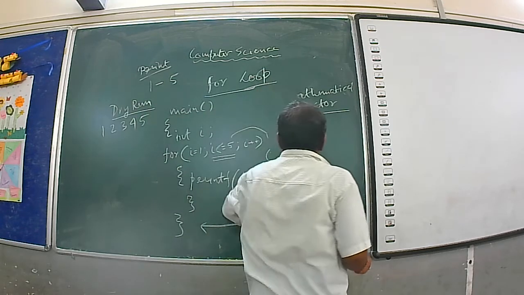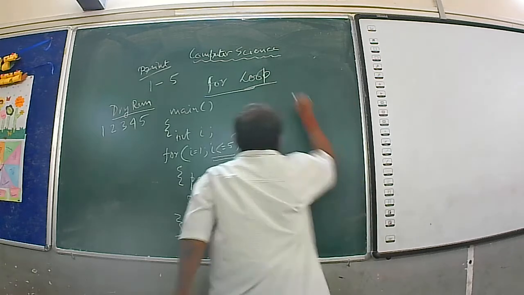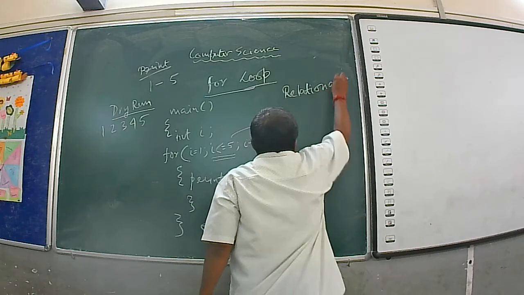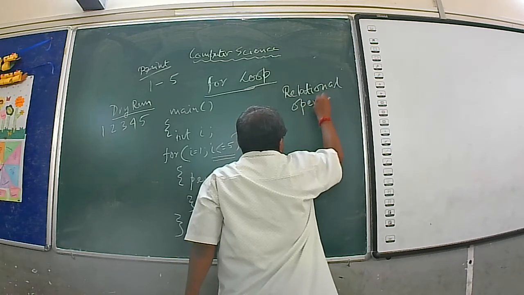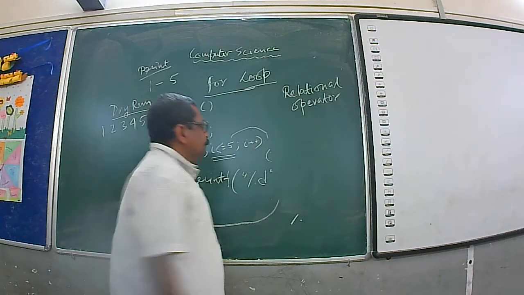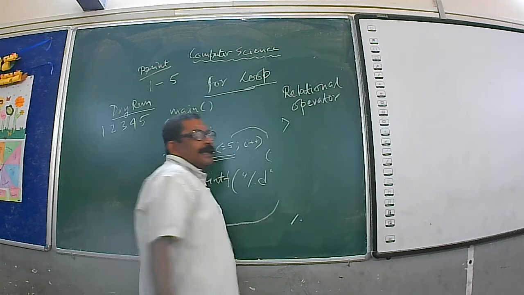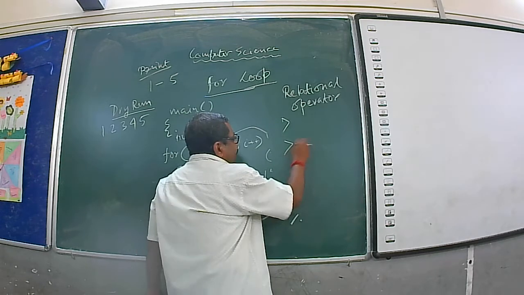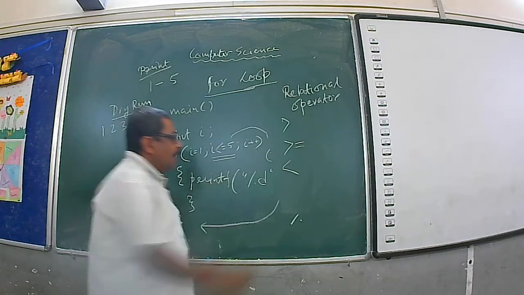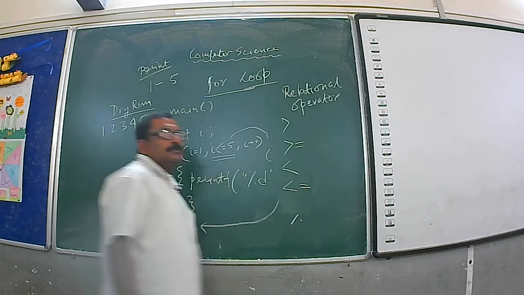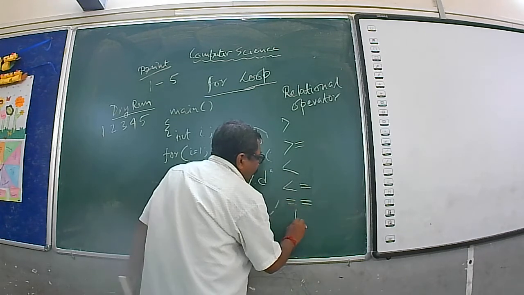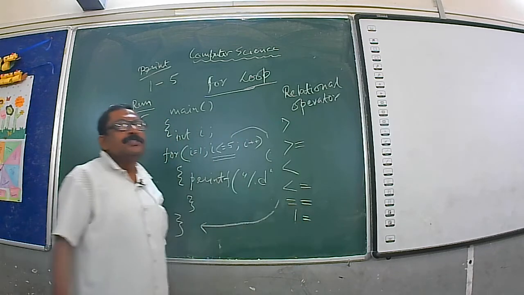Second, relational operators: greater than, greater than or equal to, less than, less than or equal to, equal to, and the last one is not equal to.